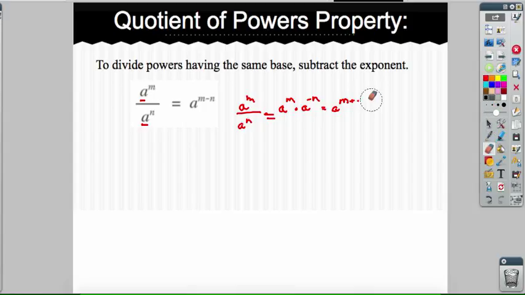Let me fix that. A to the m plus negative n, which essentially is this exact same rule. So this quotient rule comes from our rule for a negative exponent by flipping this term to the top using a negative exponent, and then adding them using our product rule. So again, they all kind of come down to our definition here.